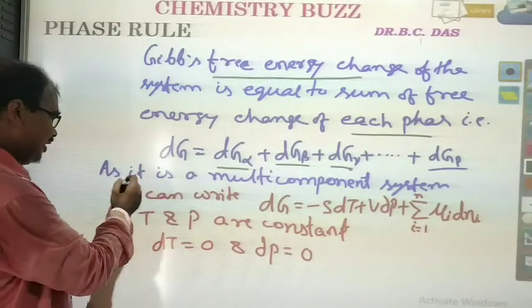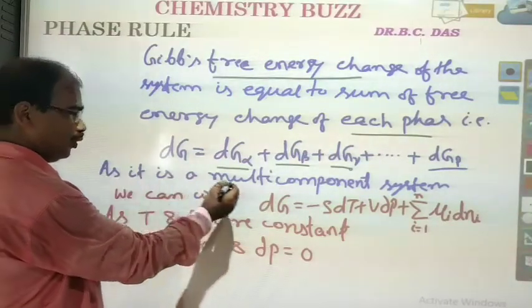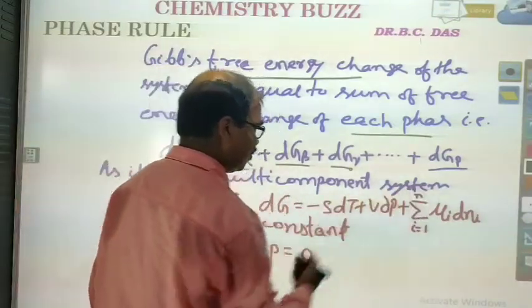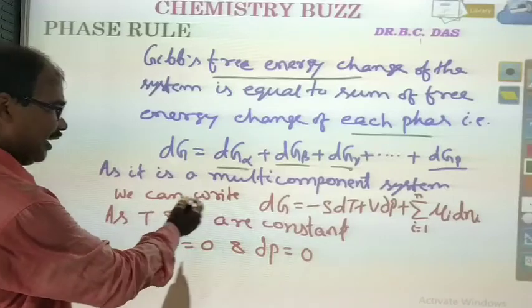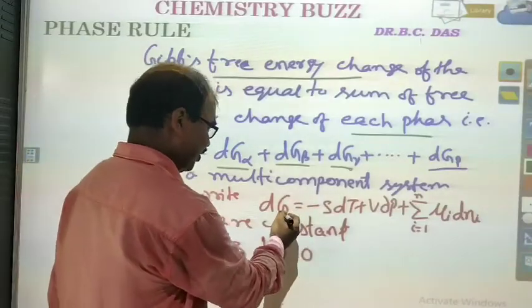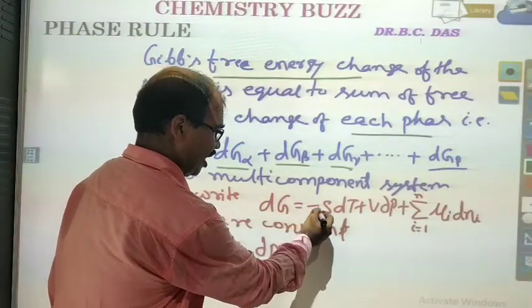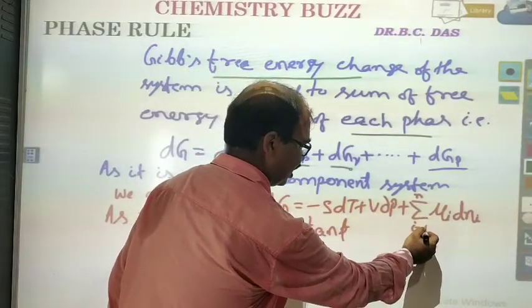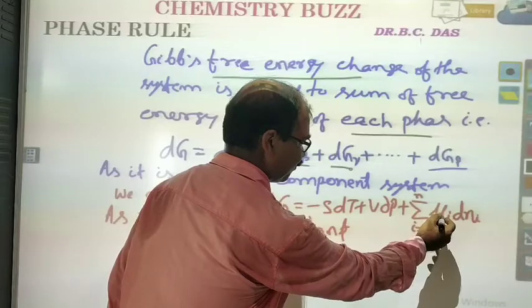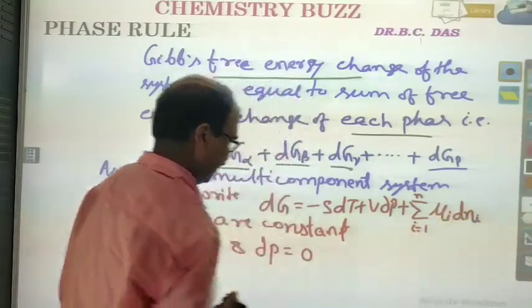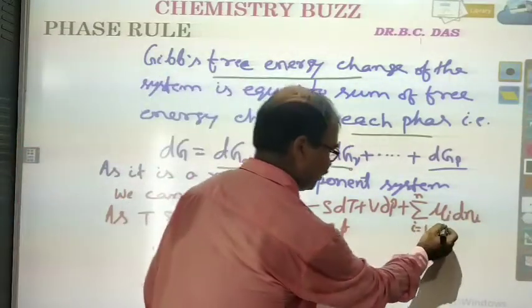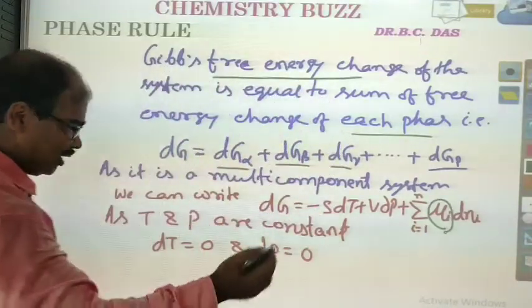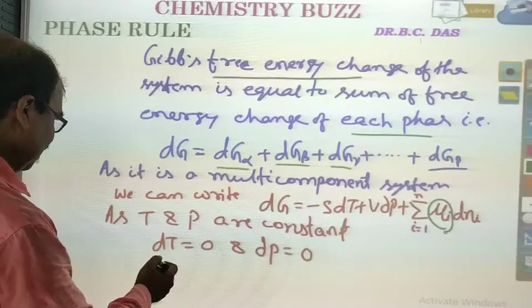We have considered a closed system, and it is a multi-component system also. We can write for a multi-component system dG is equal to minus S dT plus V dP plus summation over i equal to 1 to n of mu i dni. This mu i is the chemical potential; I will tell what the chemical potential is later on.